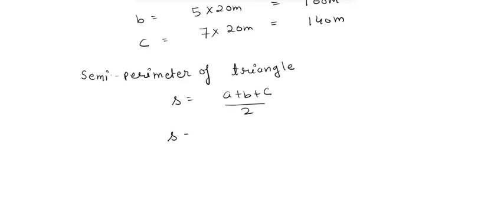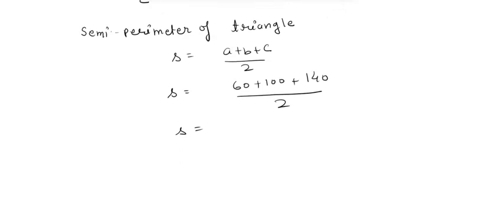So semi-perimeter is equal to 60 plus 100 plus 140 divided by 2. So semi-perimeter is equal to 300 divided by 2. So semi-perimeter is equal to 150.